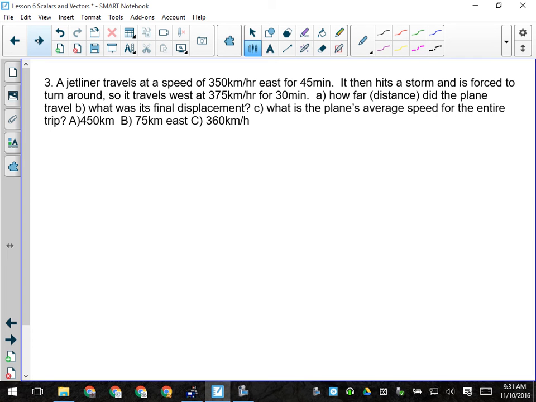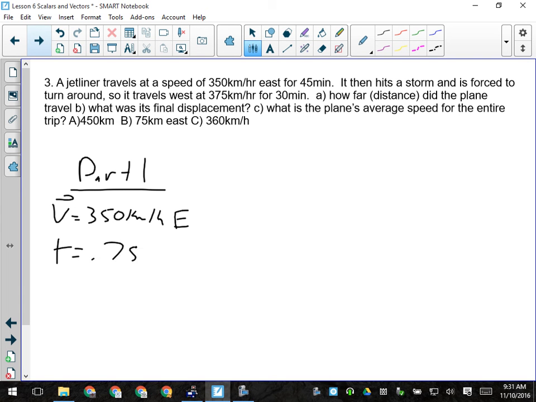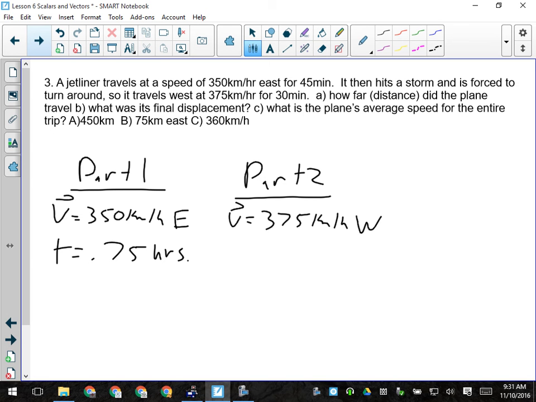So for part 1, I'm going to have a velocity of 350 kilometers per hour east and a time of 0.75 hours. In part 2, I have a velocity of 375 kilometers per hour west and a time of 0.5 hours.